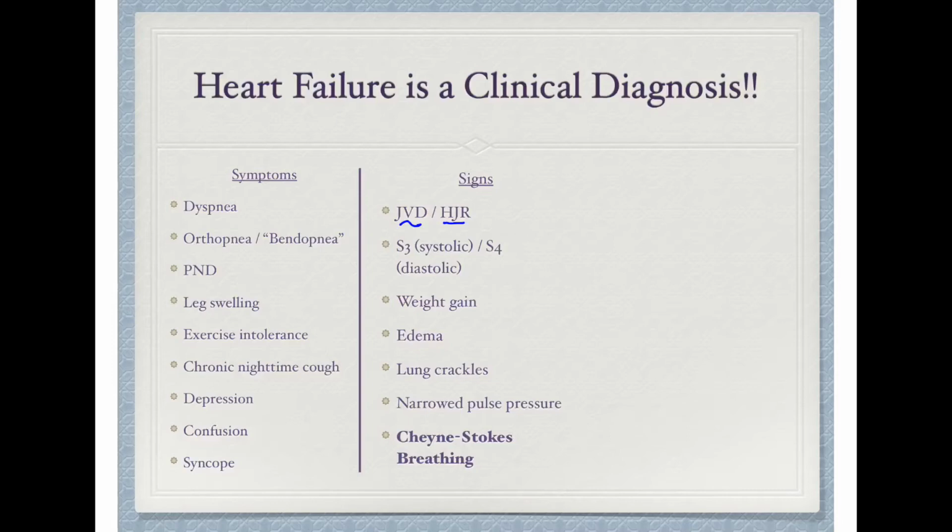Listening for extra heart sounds, including the early diastolic S3 heart sound, which is indicative of systolic dysfunction, or the late diastolic S4 sound, which is more indicative of significant diastolic dysfunction.